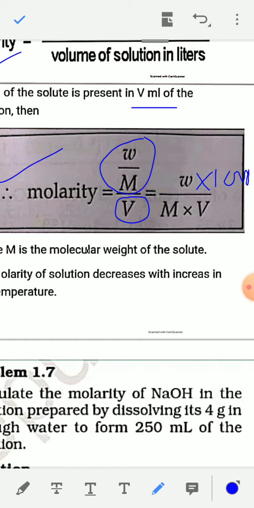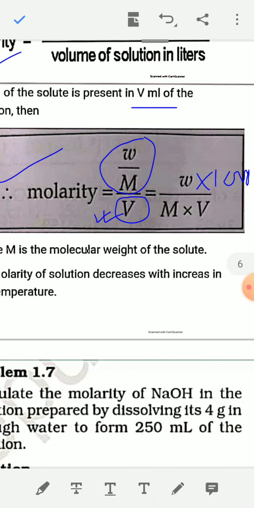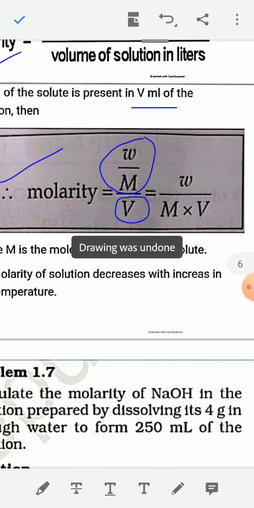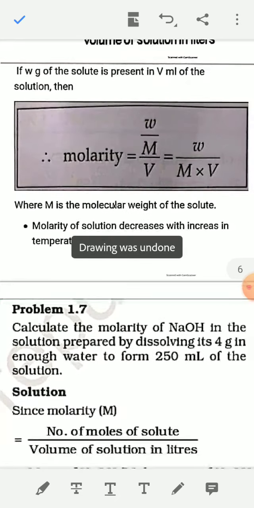And if the volume of the solution is expressed in liter, then just this formula: molarity means W by M into V. So using this formula, you can calculate molarity of a solution.